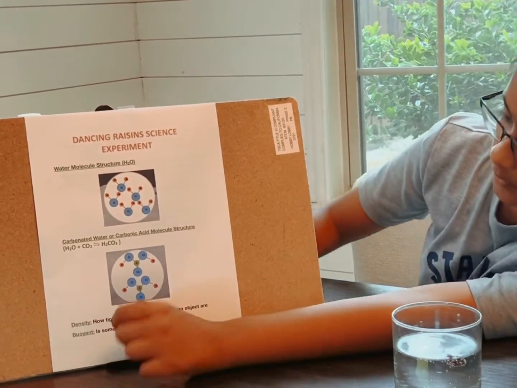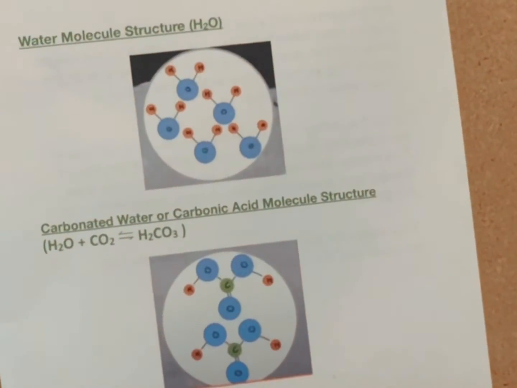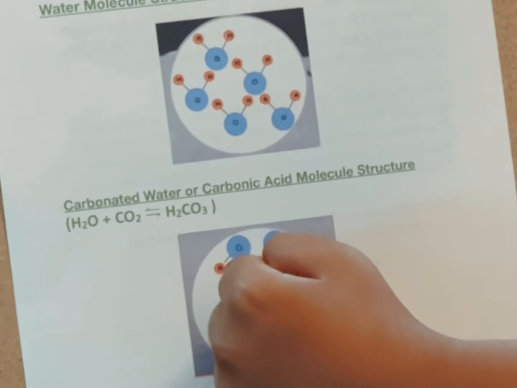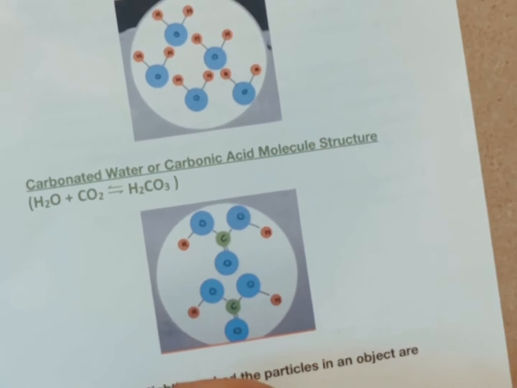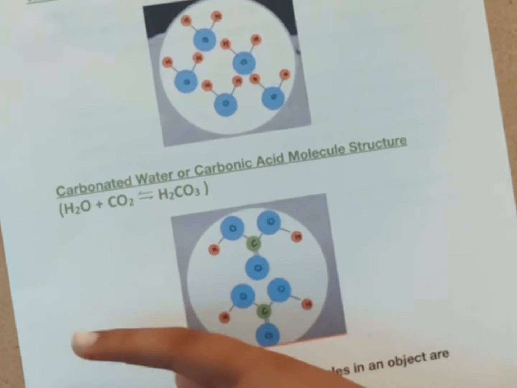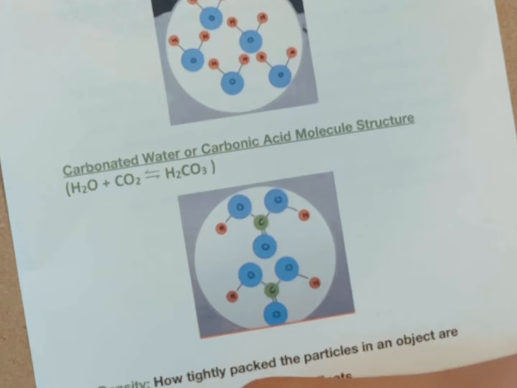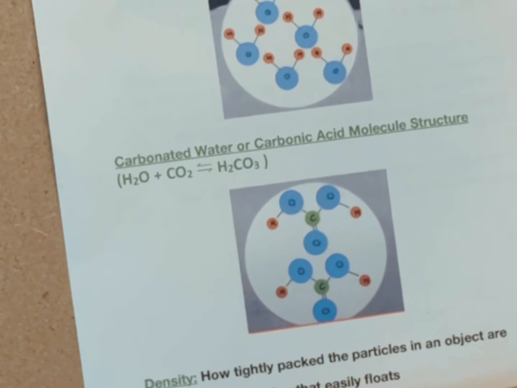Now let's look at the carbonated water. In this, there are 2 hydrogen atoms, 3 oxygen atoms, and 1 carbon atom. So if you look at it, it's basically H2O plus CO2, and that is equal to H2CO3.